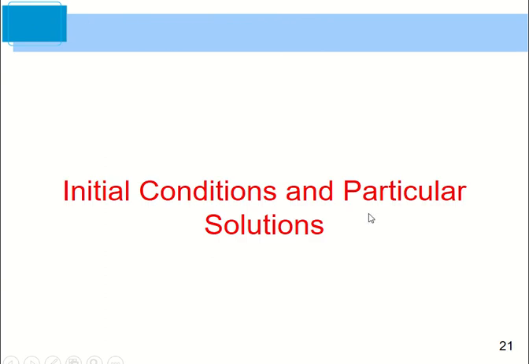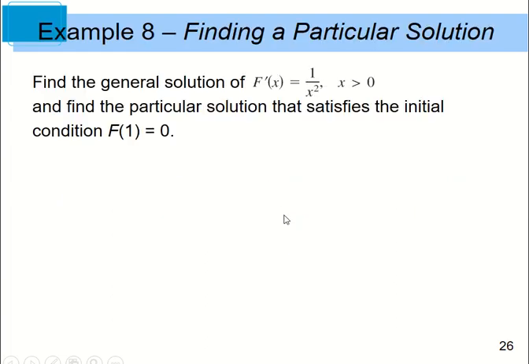In the next discussion, we are going to discuss initial conditions and particular solutions. Initial condition here means that we are given a point so that we can find the constant c.